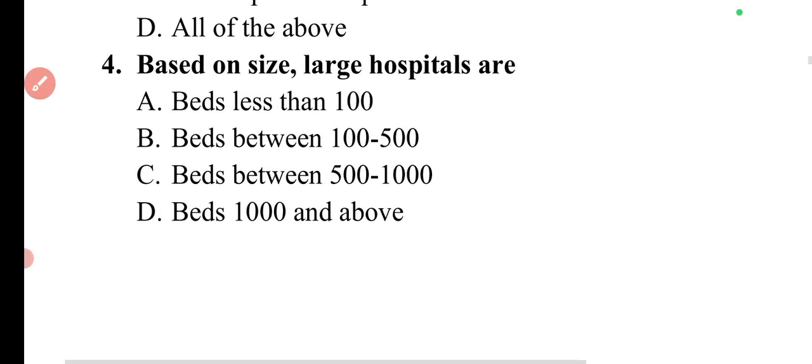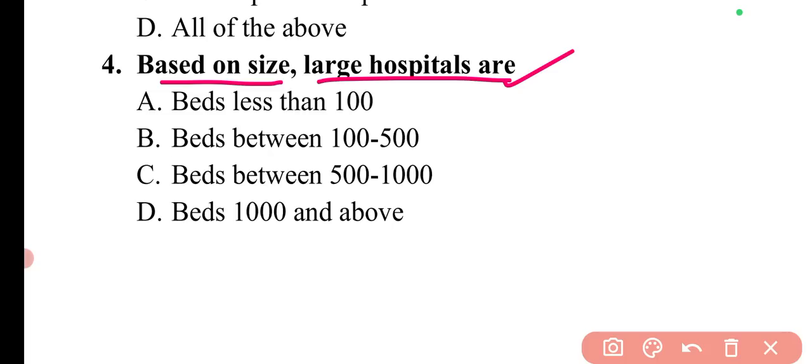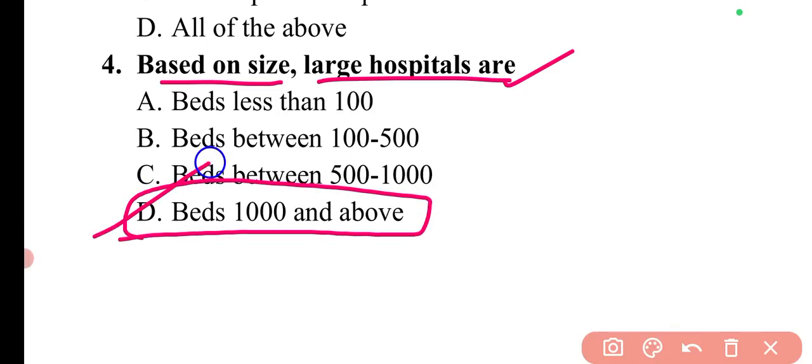So the question is, based on size, large hospitals are. So based on size, large hospitals can be the ones in which beds are around 1,000 or above. So here option D will be the correct answer. So based on sizes, I have seen multiple PDFs, multiple slideshare documents, multiple books.